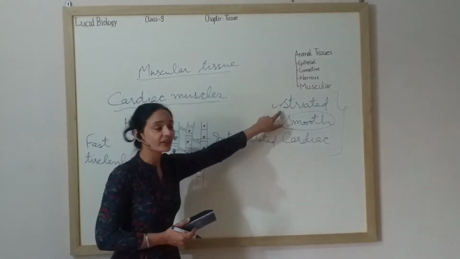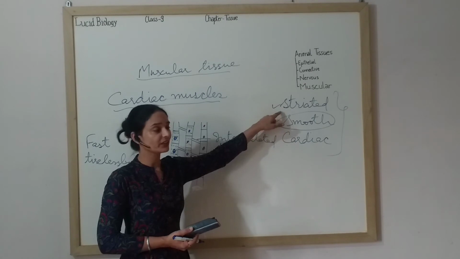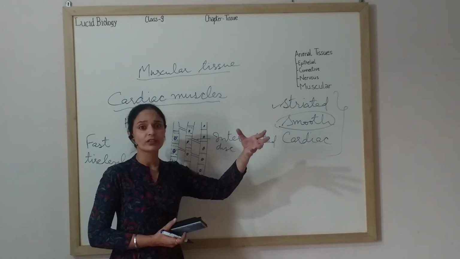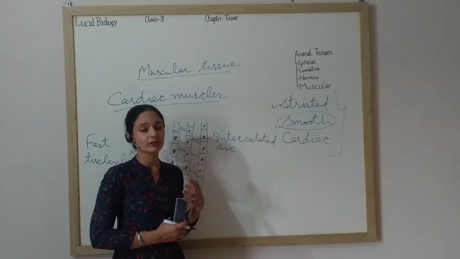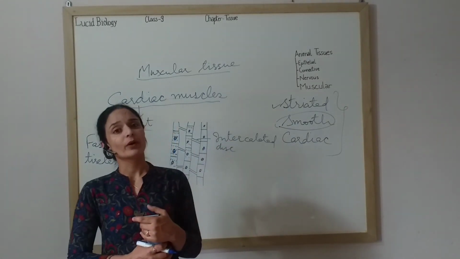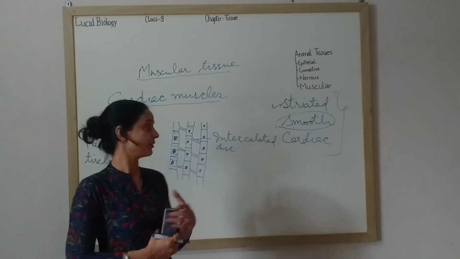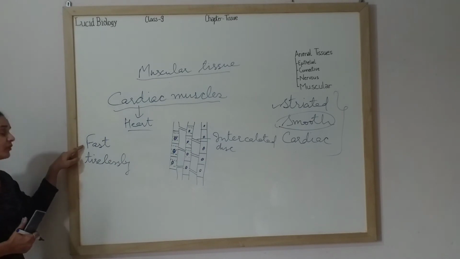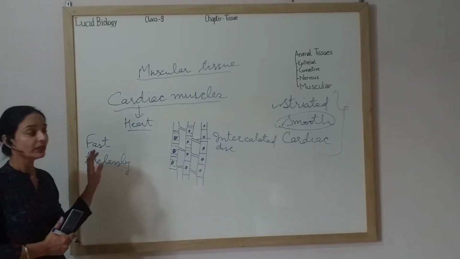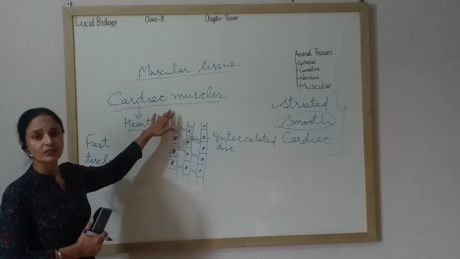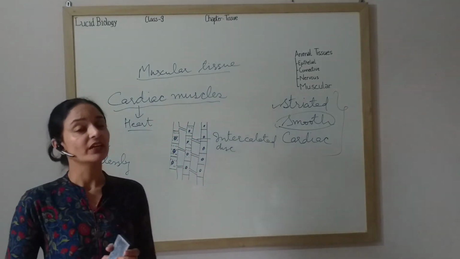I told you striated muscles get tired, because they supply force to bring about movement in the limbs. They supply force to bring about locomotion, and they get tired. But cardiac muscles also work fast, but they work tirelessly. They do not need rest. Their working starts from the early embryonic stages until death.